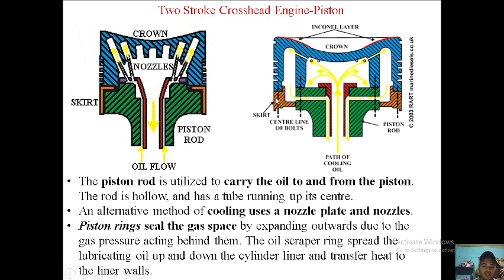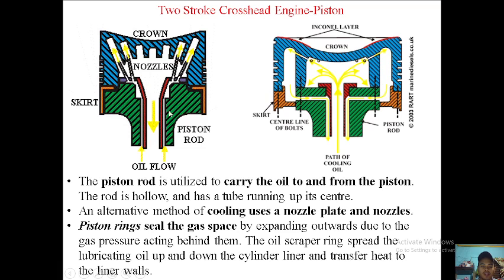Pistons with short skirts are usually used in two-stroke engines, since there is a crosshead that absorbs the side force due to the rotation of the crankshaft. So the connecting rod will be pushed or pulled to the left or to the right, so the crosshead will absorb the force.